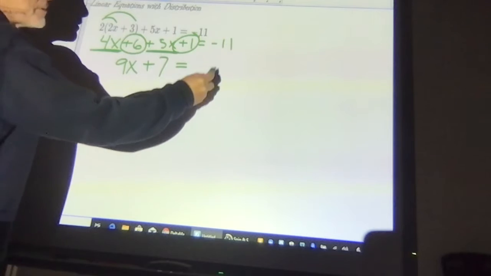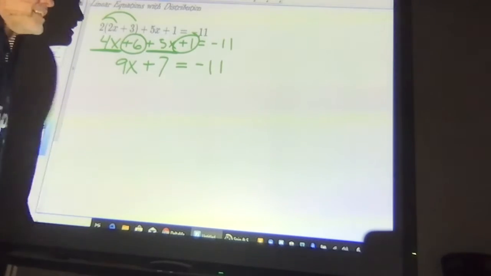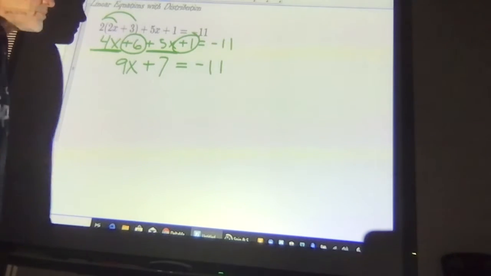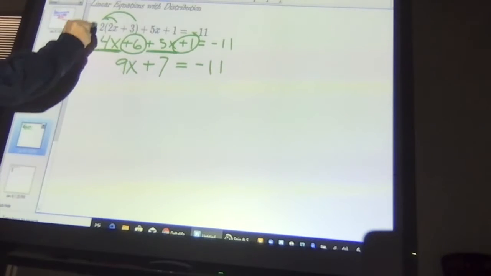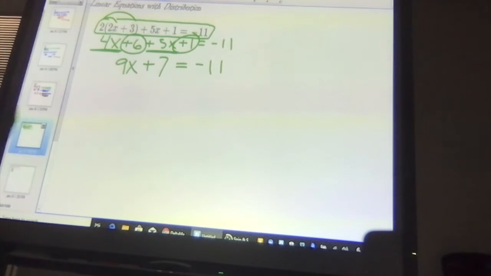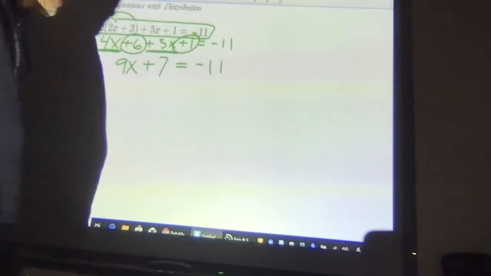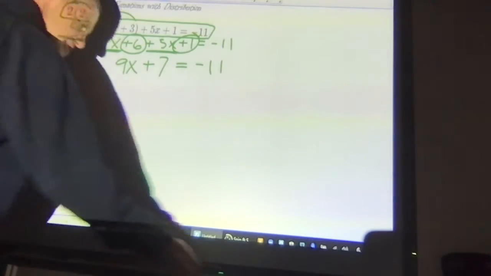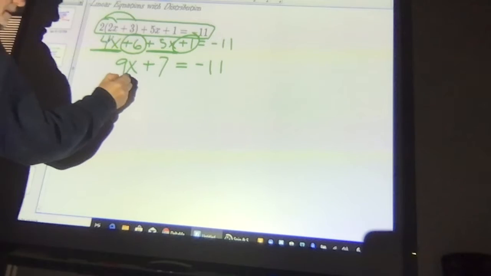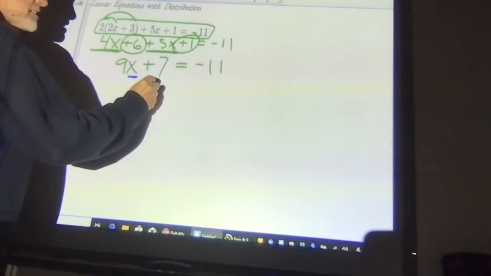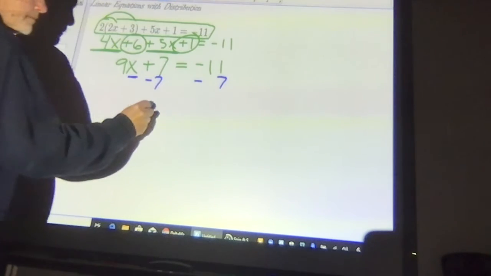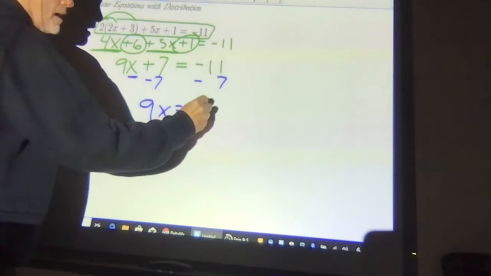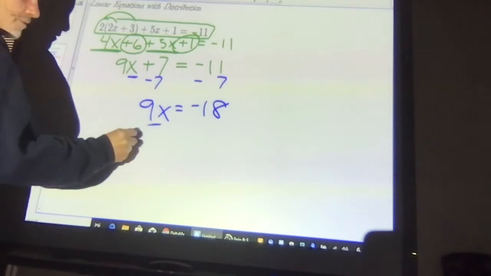And be able to copy an equal sign and a negative 11. Now, what looked like a really long, difficult looking problem at first, all of a sudden is what we call a two-step equation, where I have to isolate this x by getting rid of this 7 and getting rid of this 9.